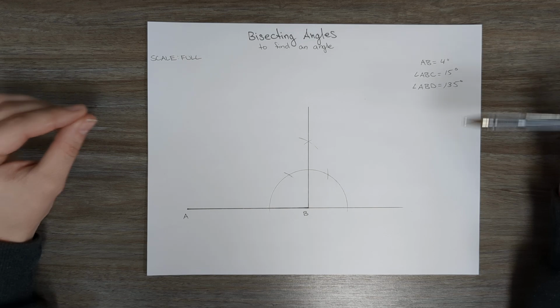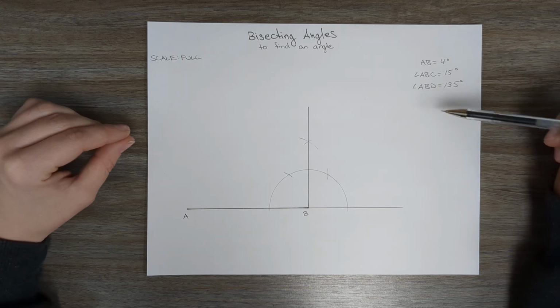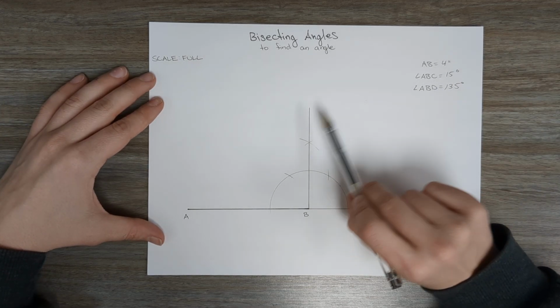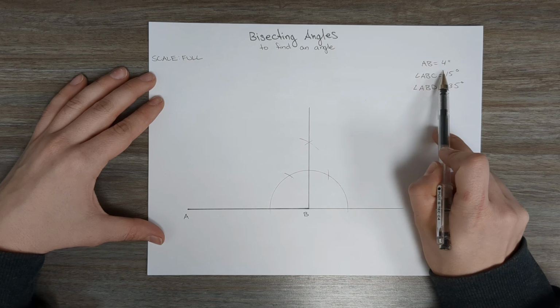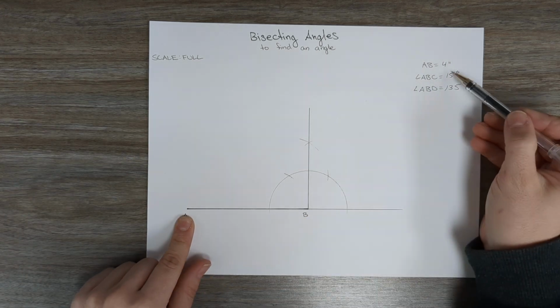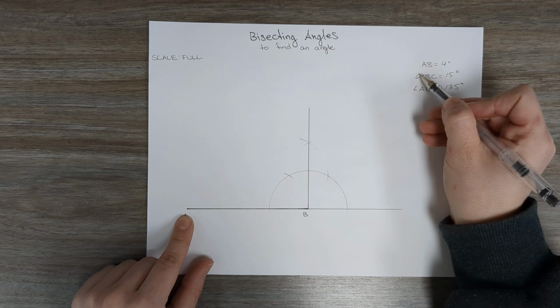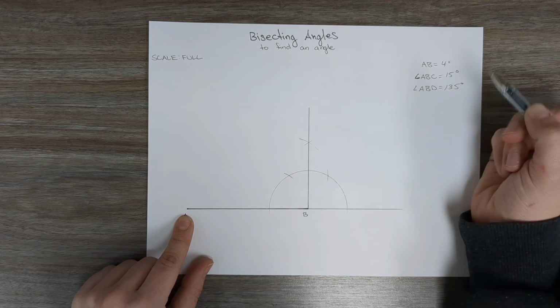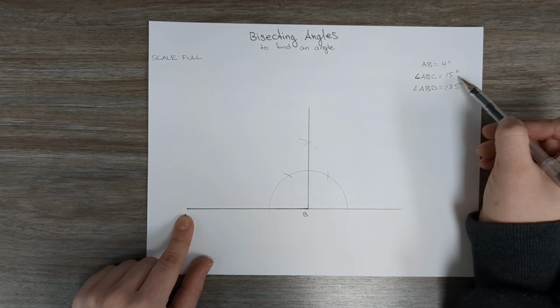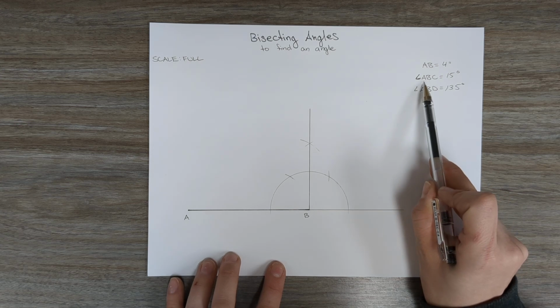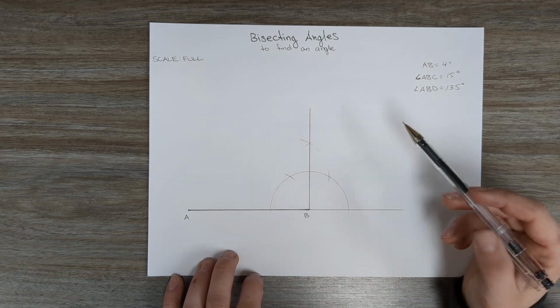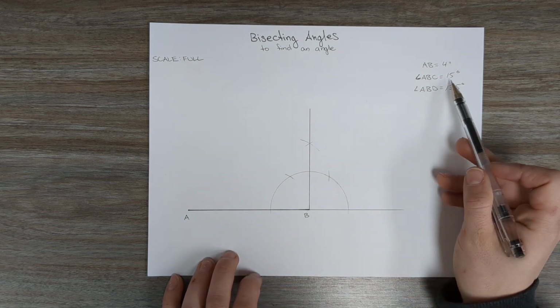Now, when it comes to finding and labeling a specific angle, I'm going to draw attention to the legend here. I made my baseline AB 4 inches, so you can see it. But I did label, this is the symbol for angle, ABC 15 degrees. So that is like a letter legend. It's telling me the direction this angle is heading.